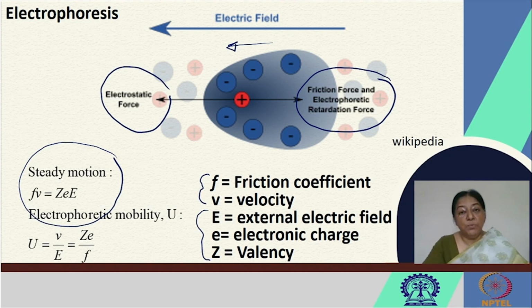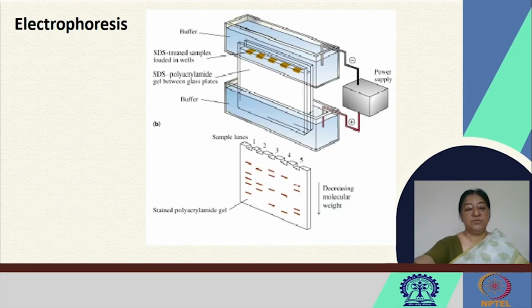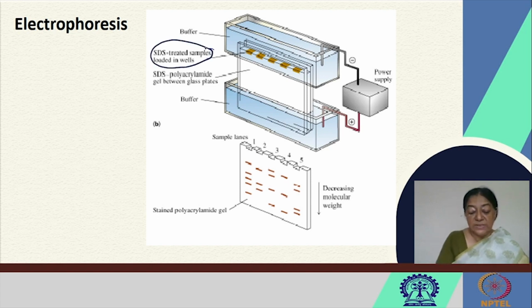This electrophoretic mobility is important in telling us how the molecule is going to move when it is subjected to this electric field. In a typical experiment, we have sodium dodecyl sulfate treated samples that are loaded into the wells.